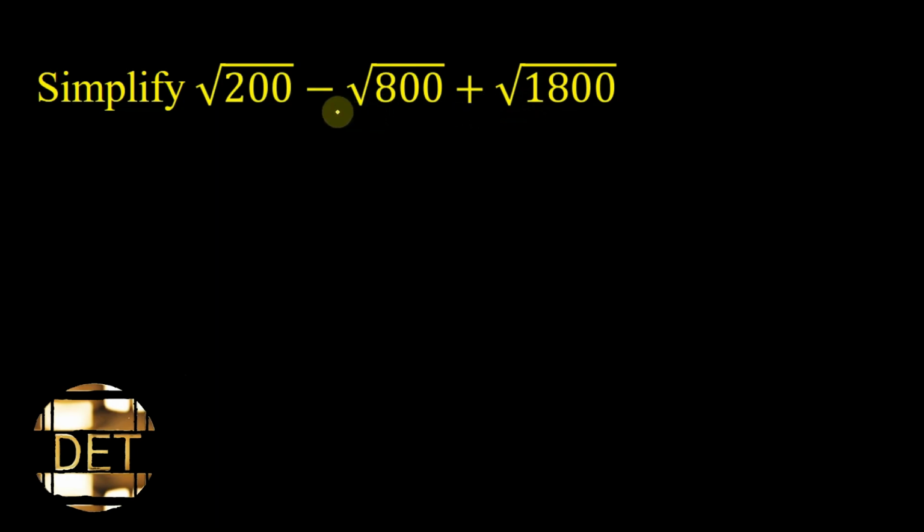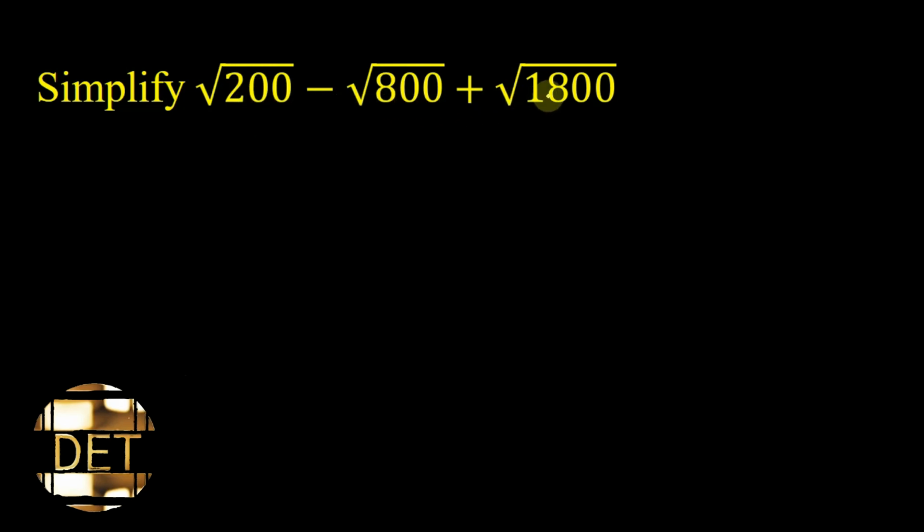To simplify this expression so that we can add them, we'll have to resolve them into their simplest form so that we get the same basic form. 200, for instance, we'll resolve into two factors, one of which is a perfect square and the other an imperfect square.